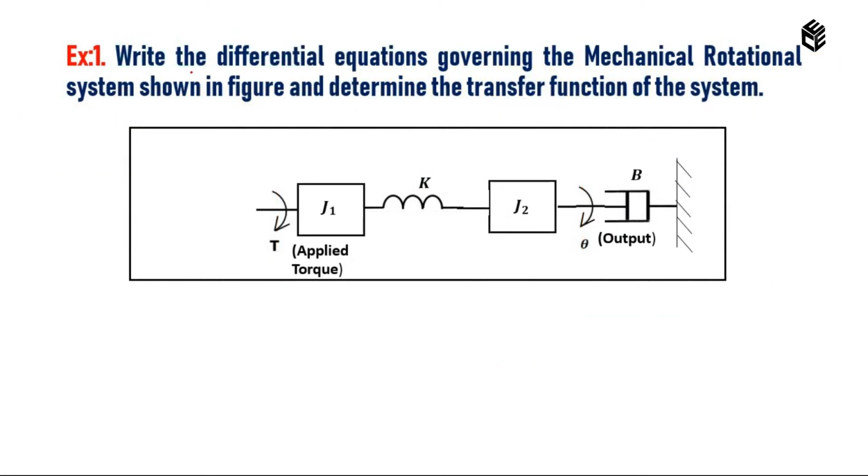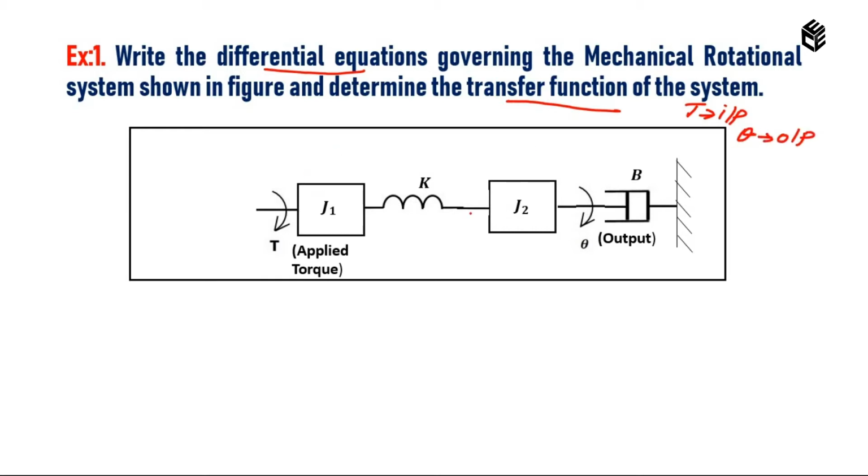So the question is, write the differential equations governing the mechanical rotational system shown in the figure and determine the transfer function of the system. So we need to find what is the differential equation and we need to find what is the transfer function. Correct? So for a mechanical rotational system, torque is called as the input and angular displacement theta is called as the output. Correct?